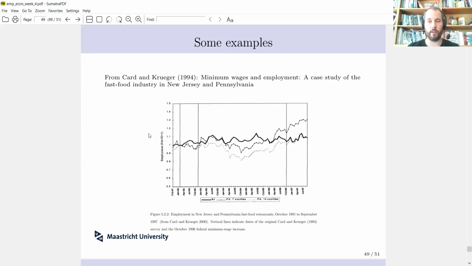And here's a couple of examples from the literature. Here we have two names that we have seen before, David Card and Alan Krueger, two very big names. They consider changes in the minimum wage in 2 states, New Jersey and Pennsylvania. They look at people that work at McDonald's, for instance, which are subject to the minimum wage changes, and compare 2 states over time. In one state, we get the change of minimum wage.